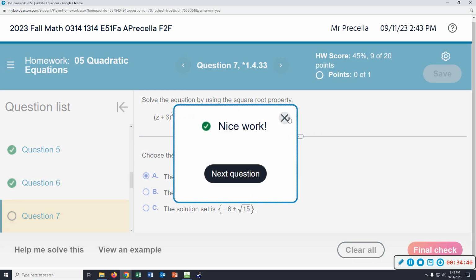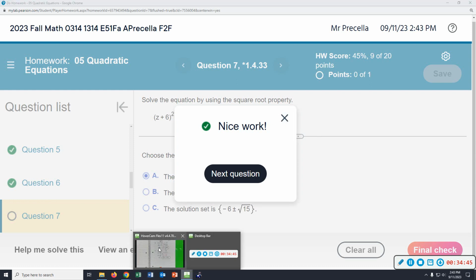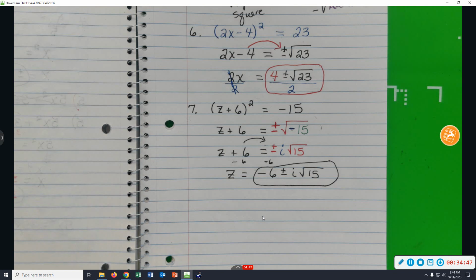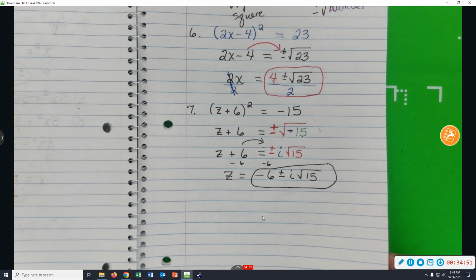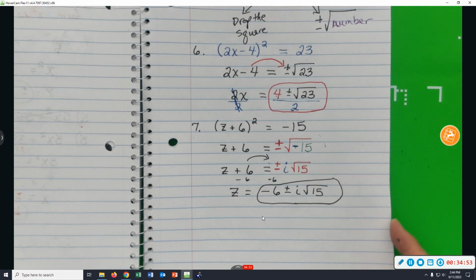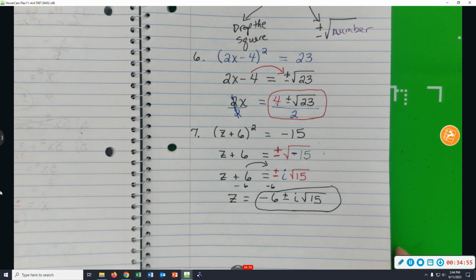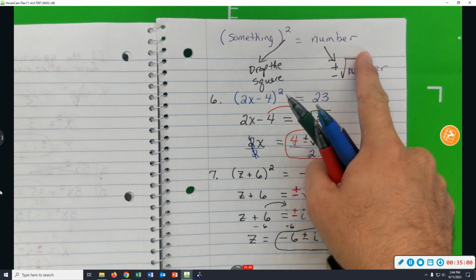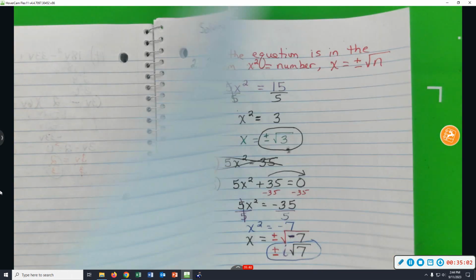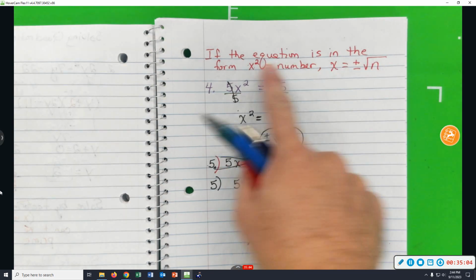So the square root method can solve particular quadratic equations. Those in the form parentheses squared equals a number, or x squared equals a number.